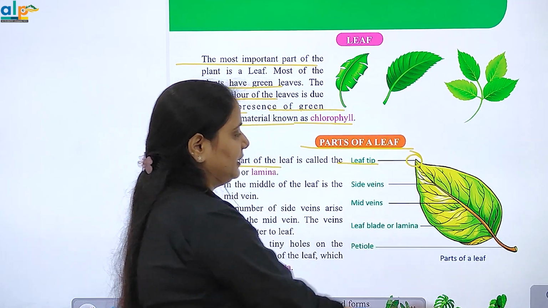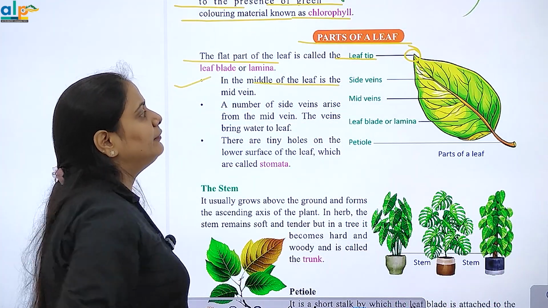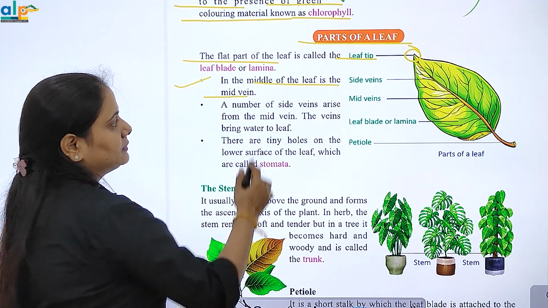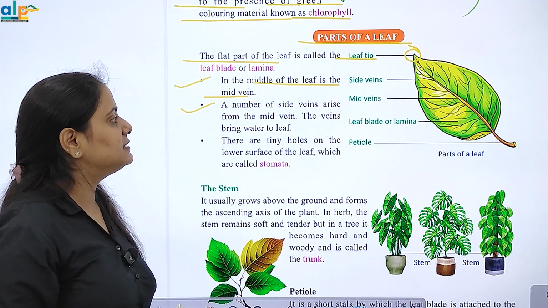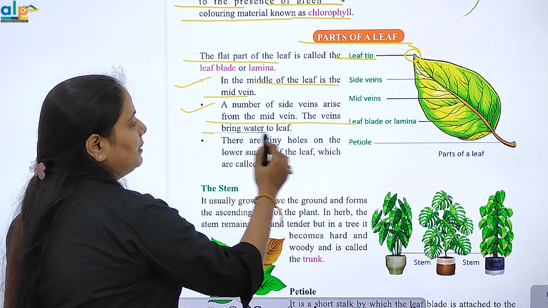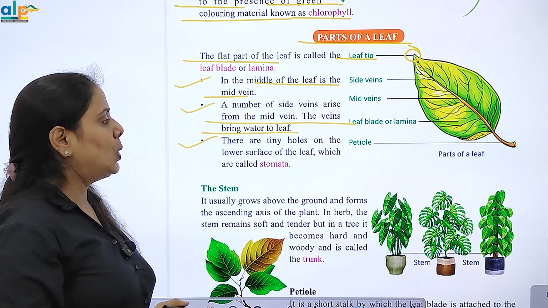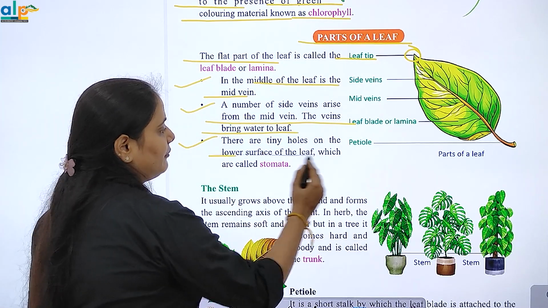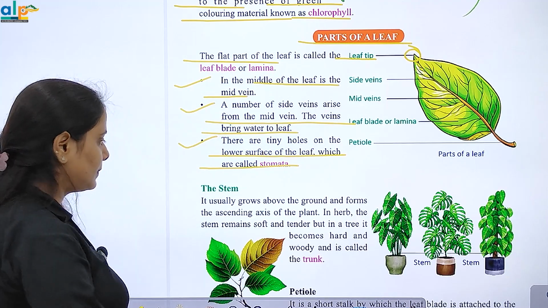The line in the middle of the leaf is the midvein. A number of side veins arise from the midvein. The veins bring water to the leaves. There are tiny holes on the lower surface of the leaves which are called stomata.